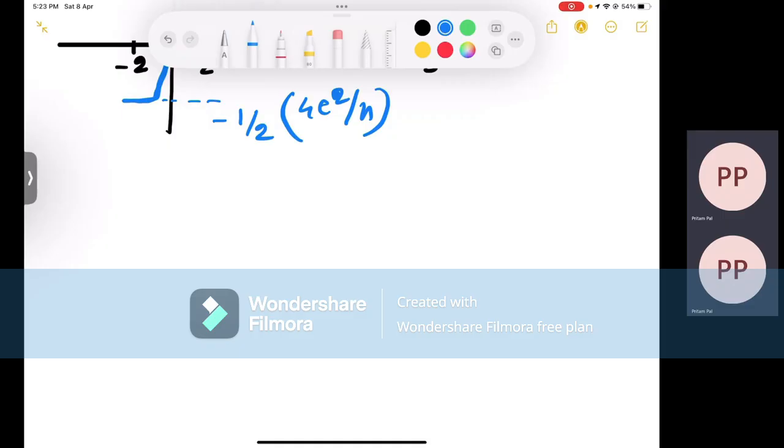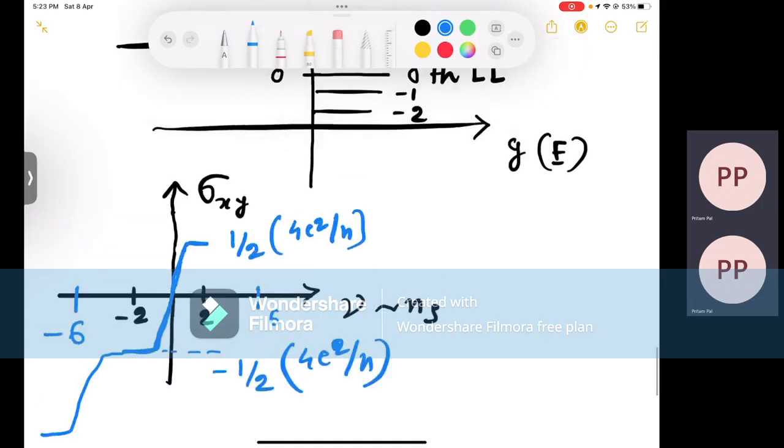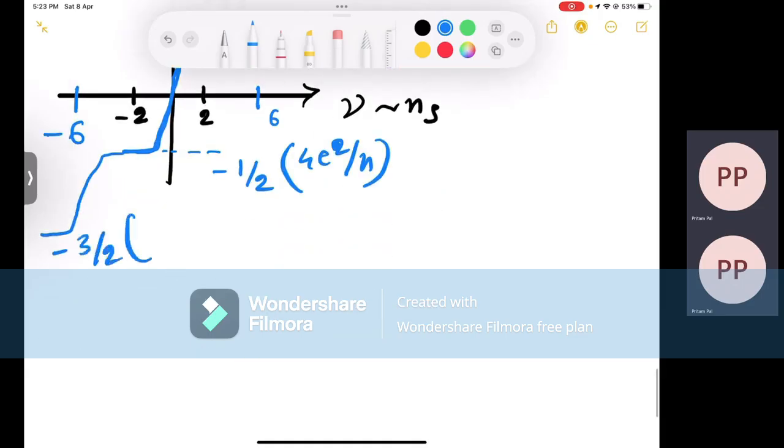The next filling factor. And so on and so forth.